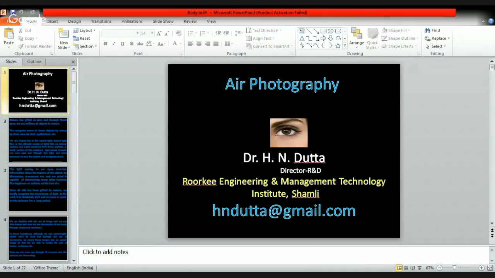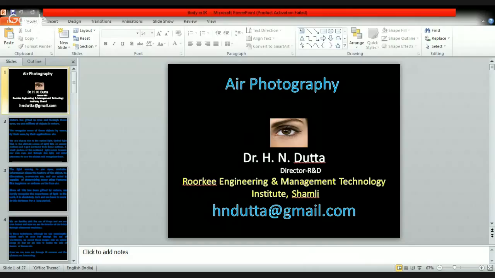So we start our discussion about air photography. Air photography, or the entire photography, is inspired because nature has gifted us our beautiful eyes, and it is through these eyes that we really see the whole world. Through these eyes we see millions of objects in nature.